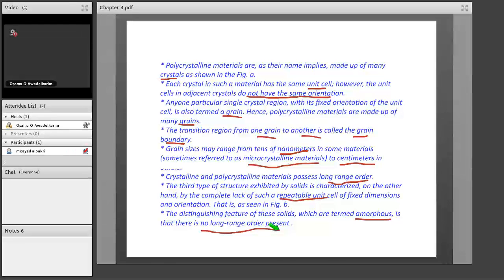However, to understand the behavior of electrons in a solid or in a crystal, we are going to choose the single crystals because they are uniform and easy to study. We're going to illustrate the properties of electrons in a single crystal, and that will help us understand the properties of solids.